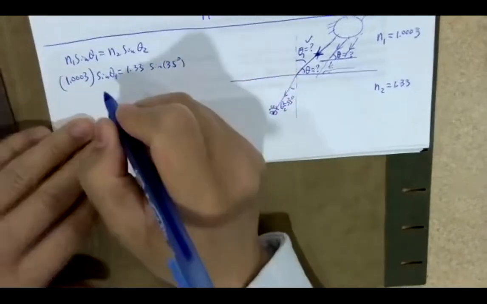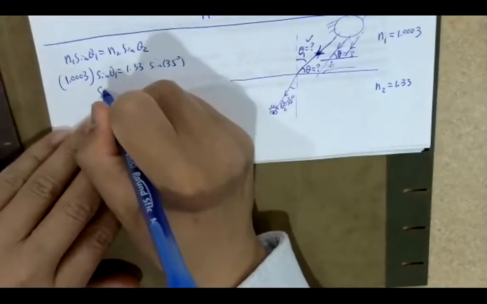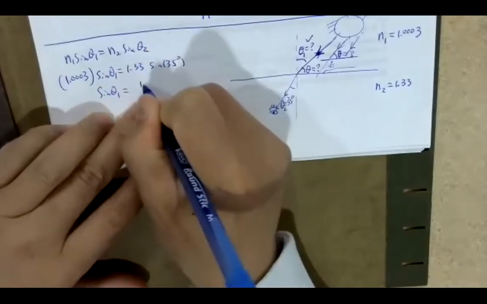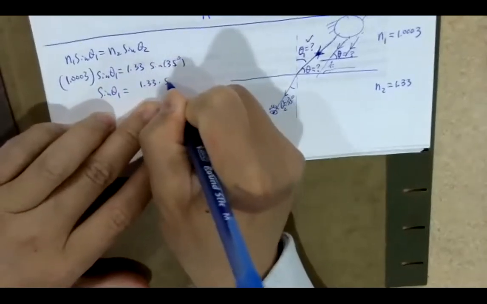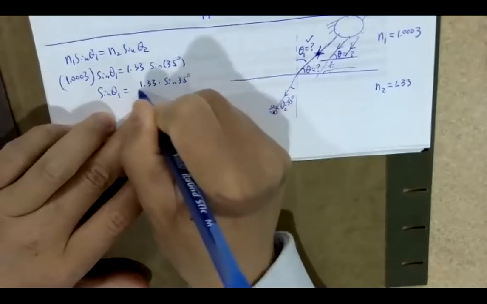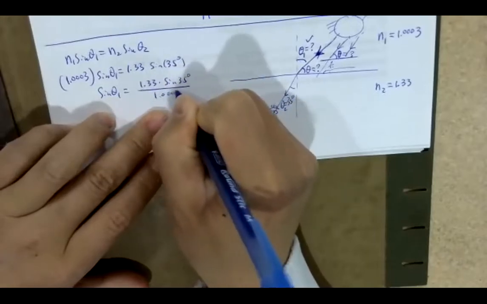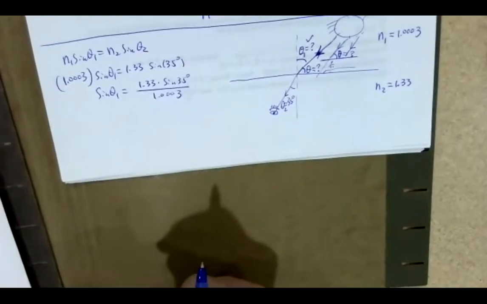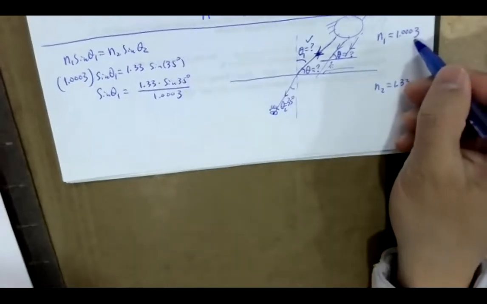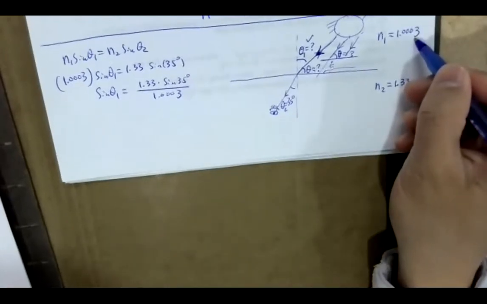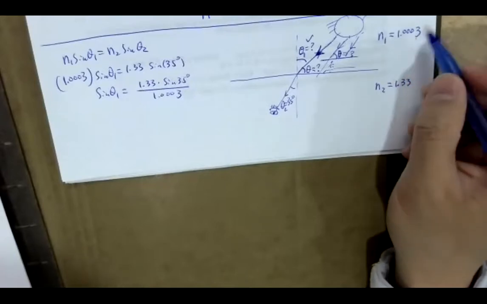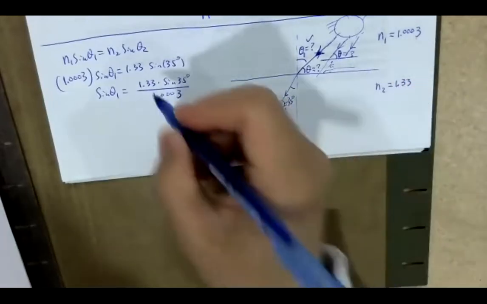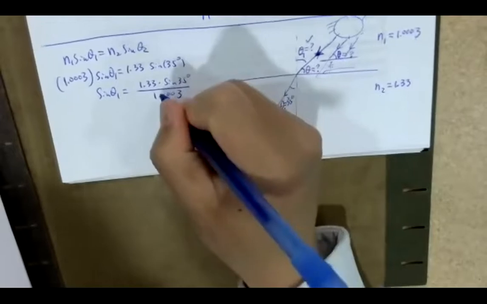So your sine theta 1 should be 1.33 times sine of 35 degrees over 1.0003. A lot of times you can use just 1 for the index of refraction of air, because the decimal places will not affect the result. So using 1.00 should also be fine.